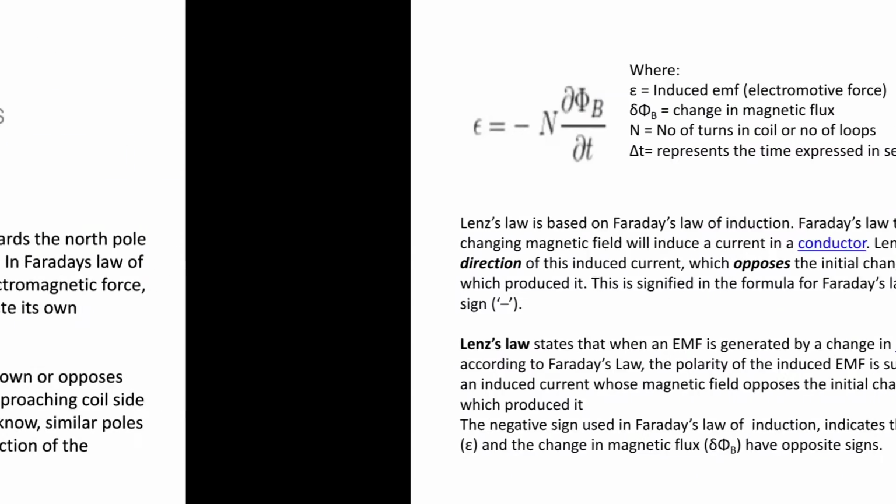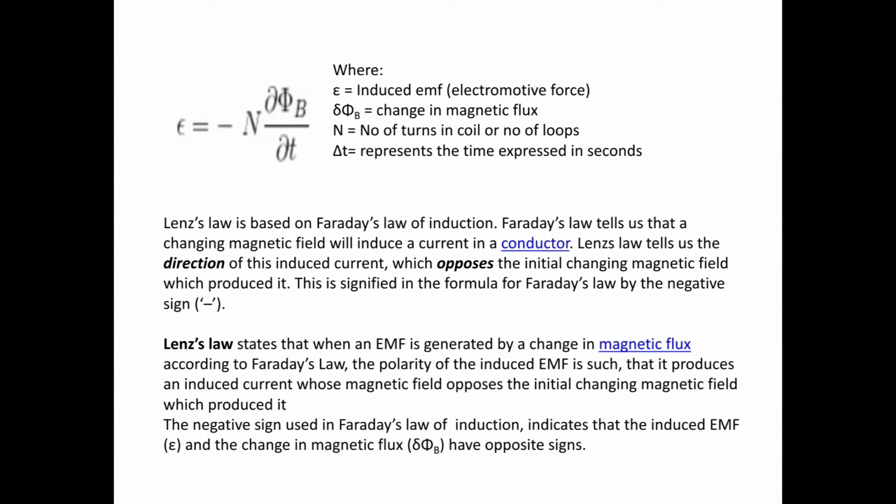The Lenz's law formula is induced EMF equals negative N, the number of turns in the coil or the number of loops, times the change in magnetic flux divided by the time, represented in seconds. Lenz's law is based on Faraday's law.